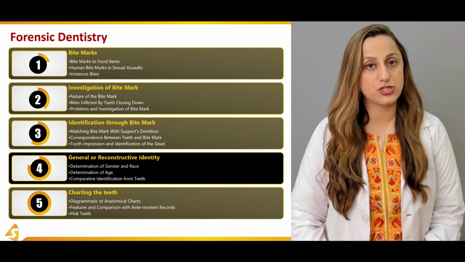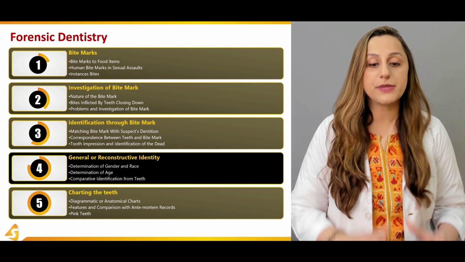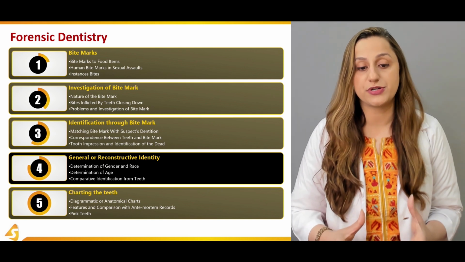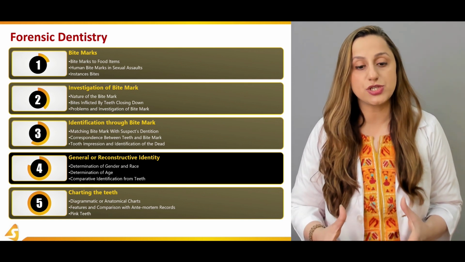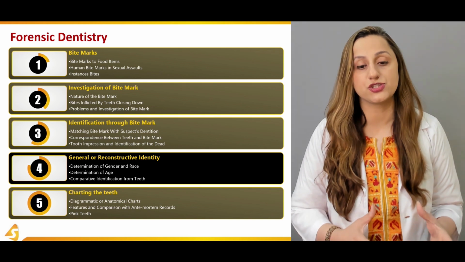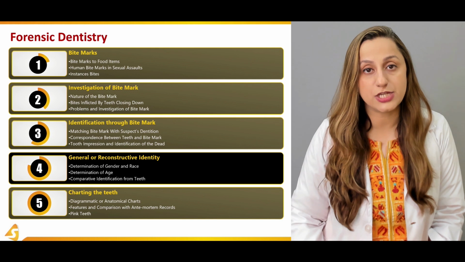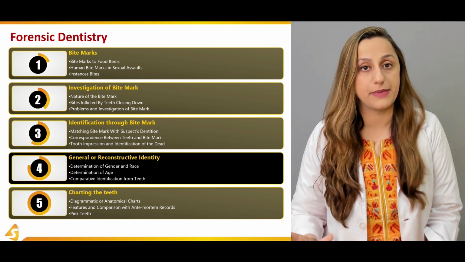Over here in this section, we are basically focusing on the determination of the gender and the race through the dentition of a person, and then we're also determining the age of the person through the dentition, and then we are having the comparative identification from the teeth. Comparative identification is basically the reconstructive identification that we were talking about.